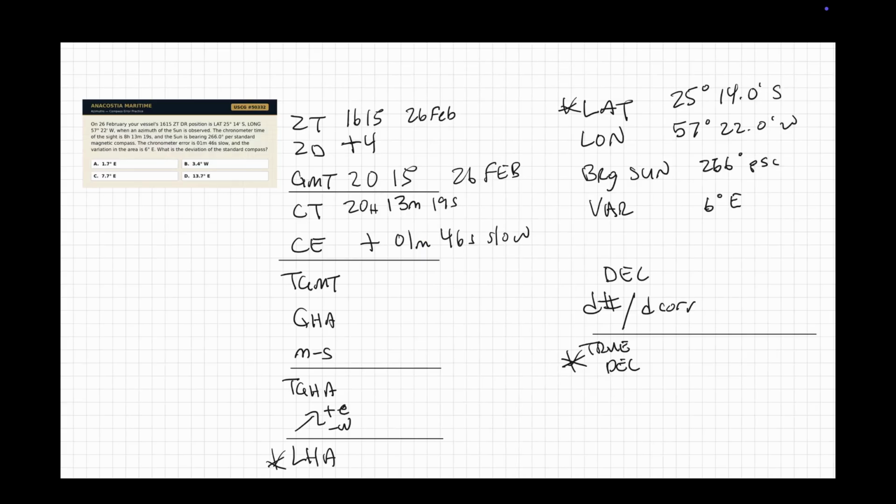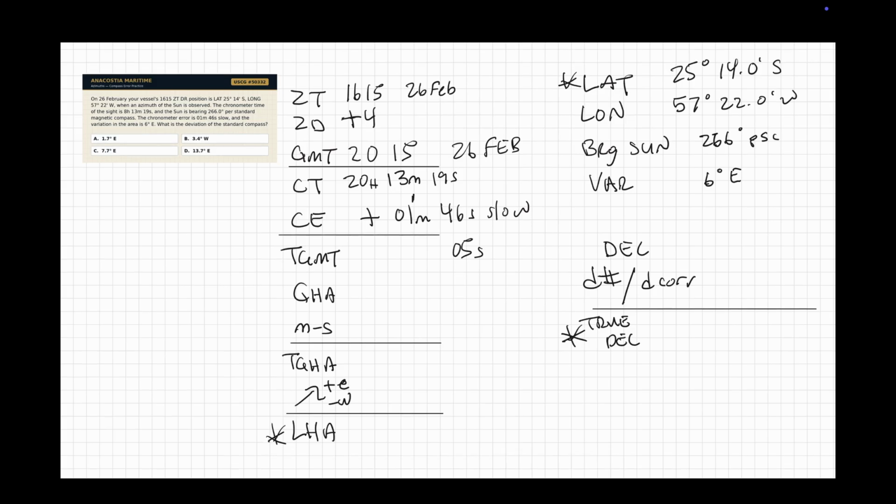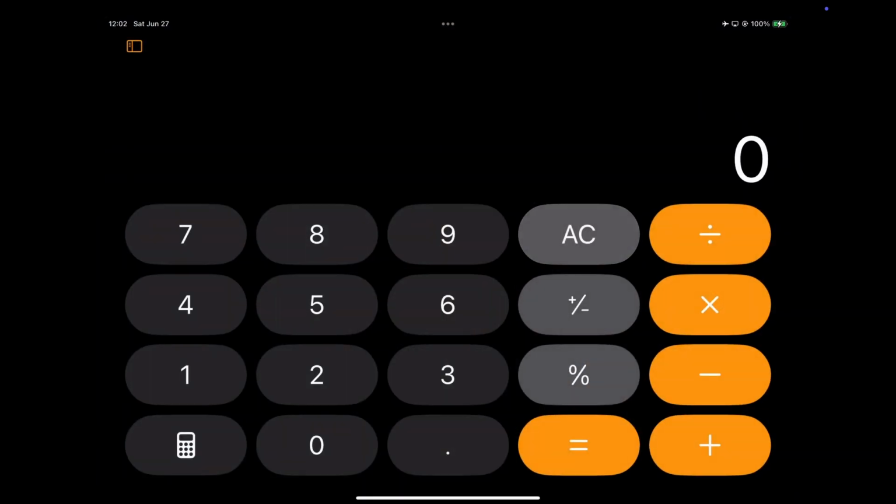So this will be 0.5 seconds, right? You're going to carry the 1 minute over. And this is going to be 13 minutes plus 1 minute plus 1 minute, okay? 13 plus 1 plus 1. And I'm going to use my calculator still. 13 plus 1 plus 1.